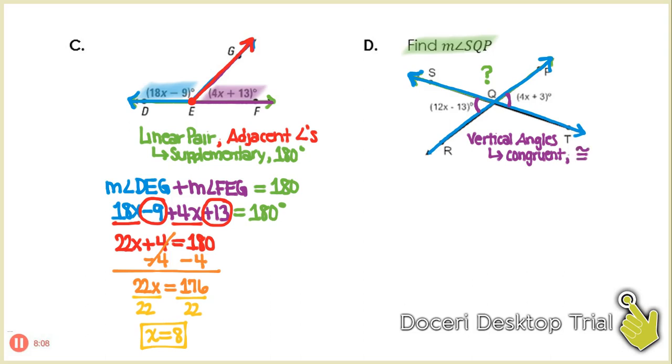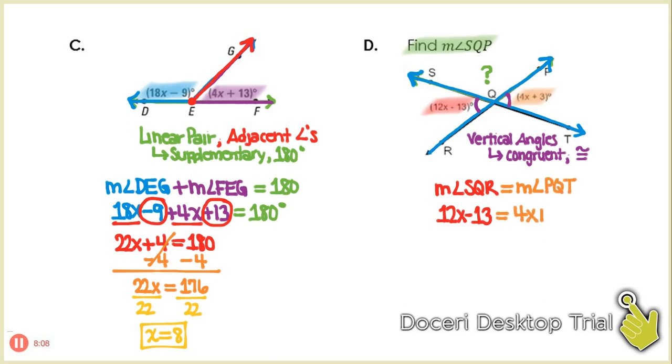So in this case, I know that angle SQR is congruent to angle PQT, which means their measures are going to be exactly the same. So I know that the measure of angle SQR, which is 12x minus 13, has to be the exact same, meaning equal to, the measure of angle PQT, because they are vertical angles.